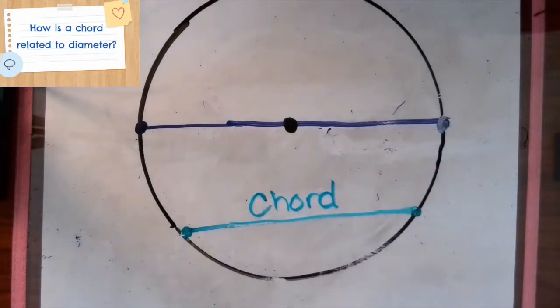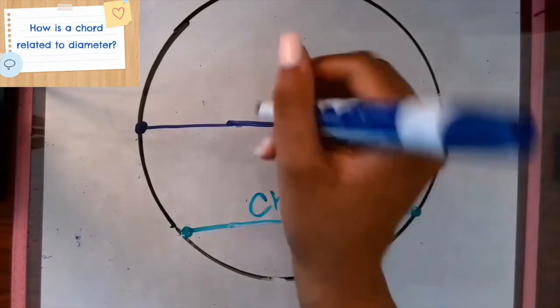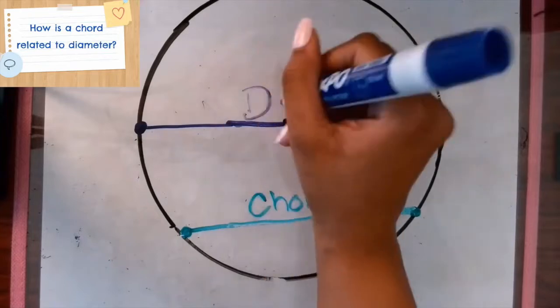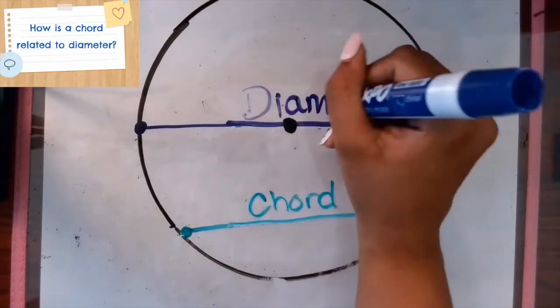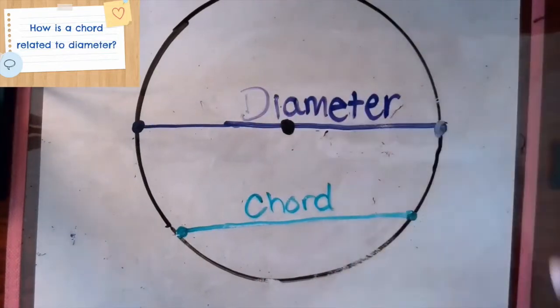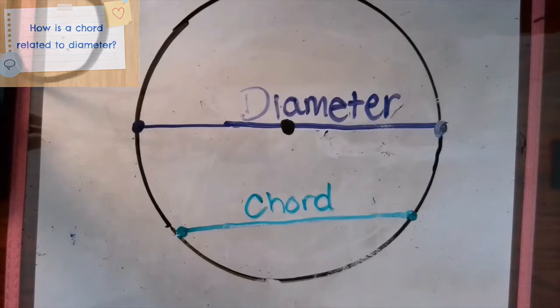The purple line is also a chord, except it runs through the center of a circle, making it the diameter. So, the diameter is a chord. It just runs through the center of a circle. It happens to be the longest chord of the circle.